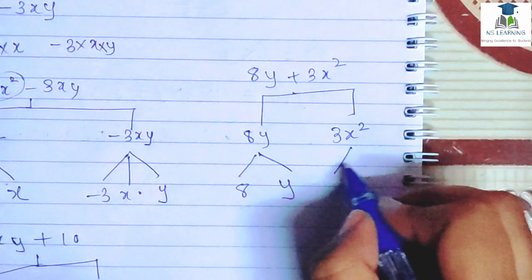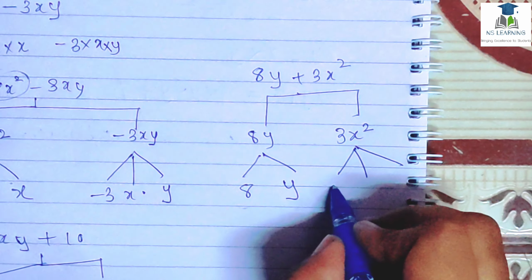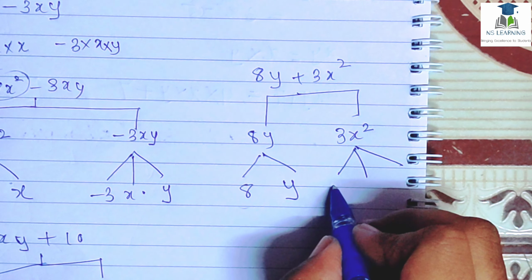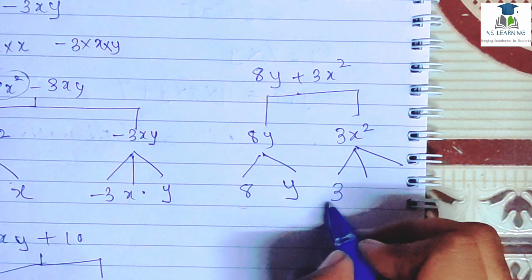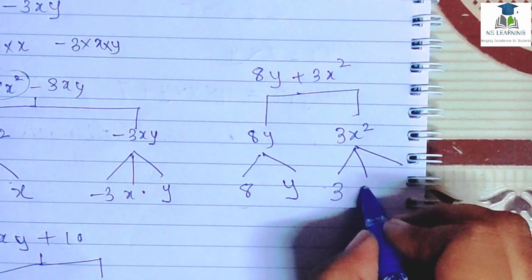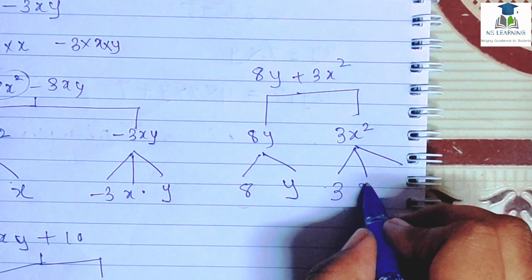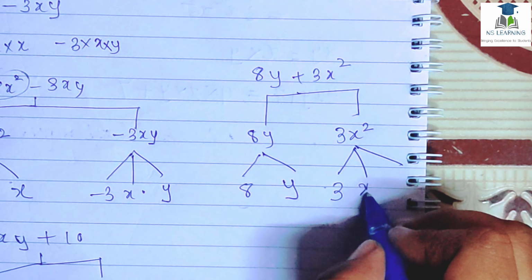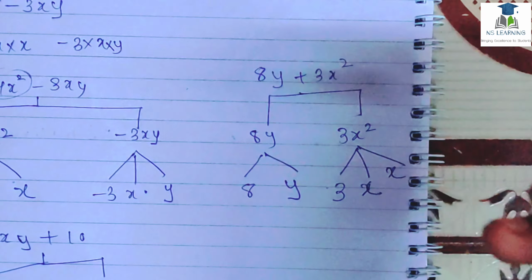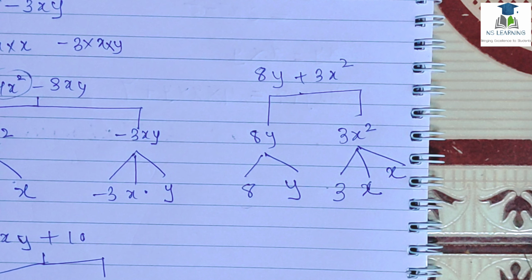And in the second term there are three factors. The first one is the numerical coefficient, and the others are the product x into x. I hope you understand, if an expression is given, what is a term, what is a coefficient, what is a variable, and what are the factors of a given expression.